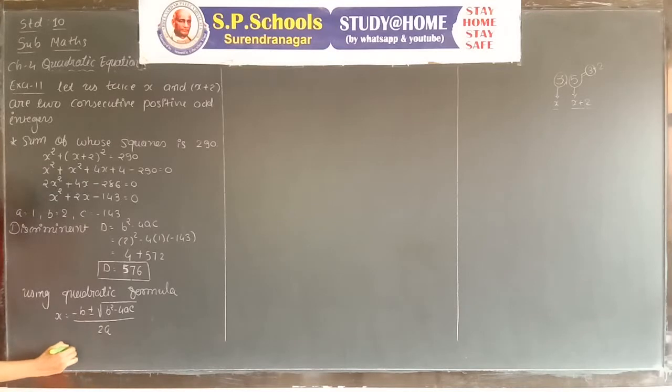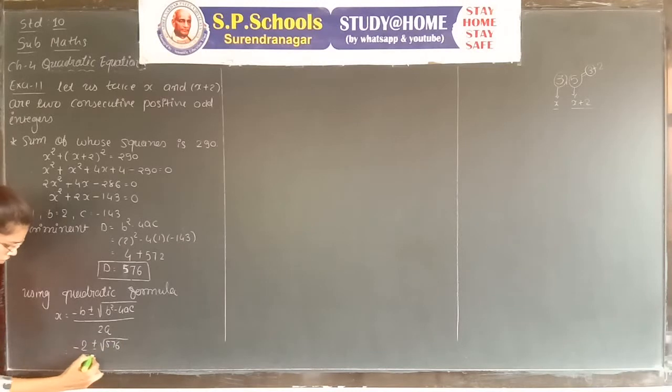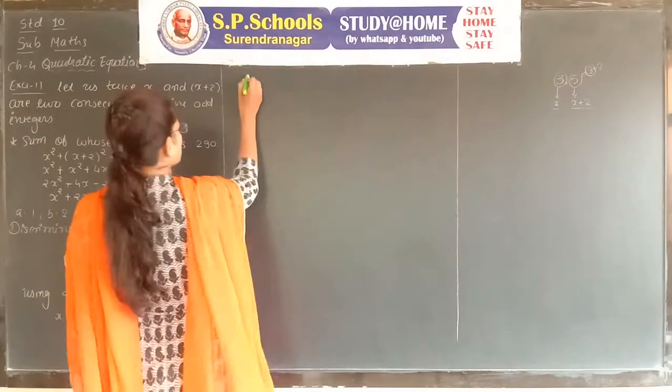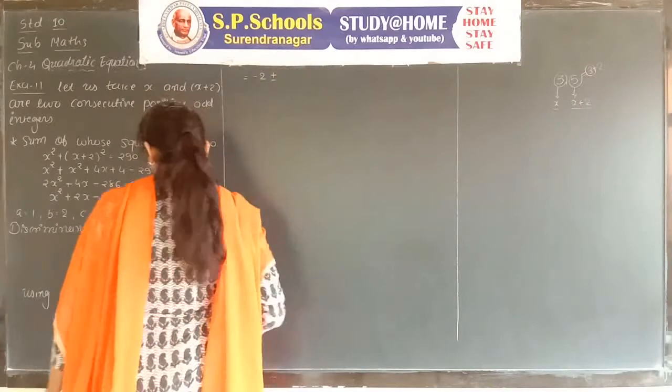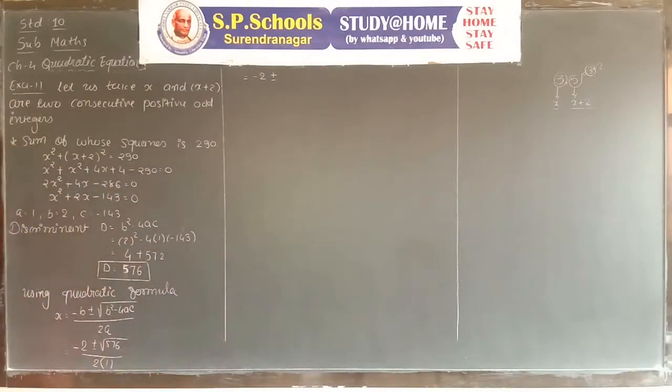Now we substitute the values. Minus b is 2, plus or minus square root of 576, upon 2, and a is equal to 1. Minus 2 remains as it is, plus or minus square root of 576.